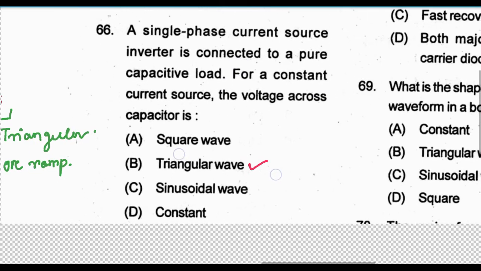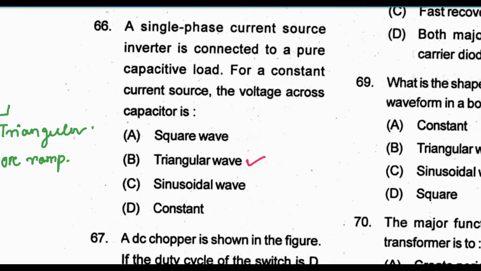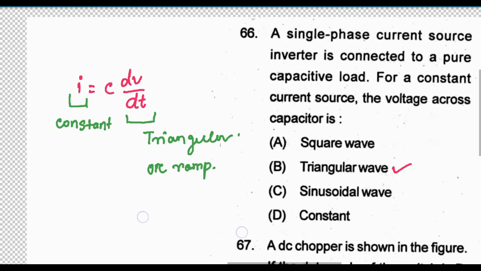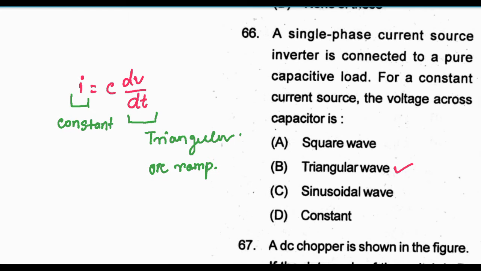Next question is, a single phase current source inverter is connected to a pure capacitive load. For a constant current source, the voltage across the capacitor is. So this is a simple thing. What is given here? A single phase current source inverter is connected to a pure capacitive load, for a constant current source. That means here the current is constant, the voltage across the capacitor is.